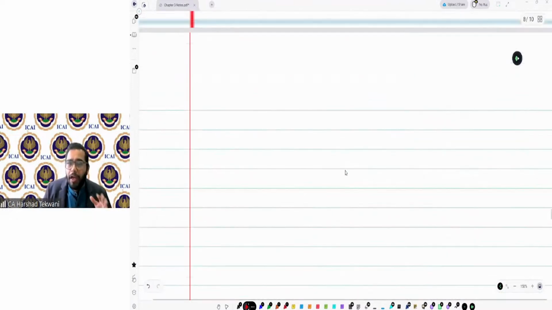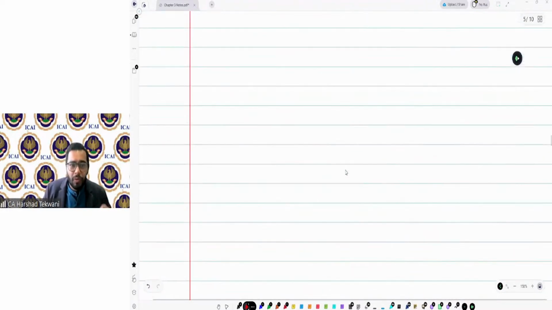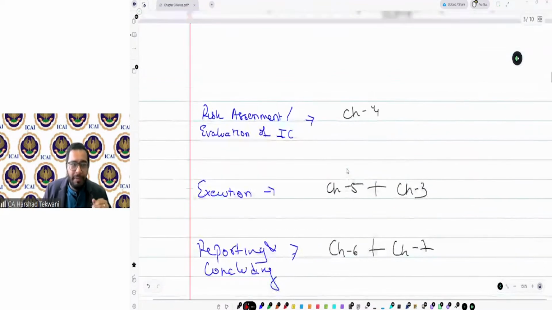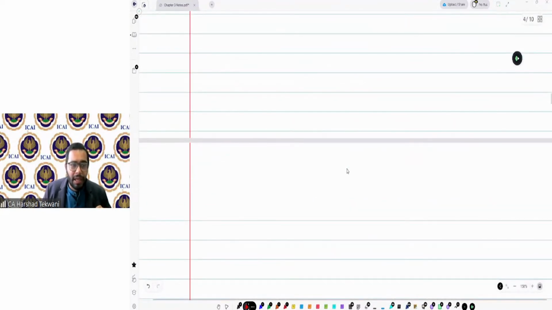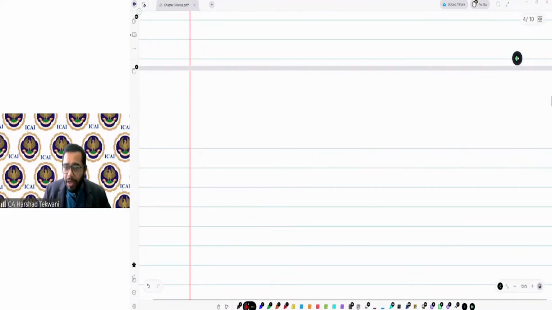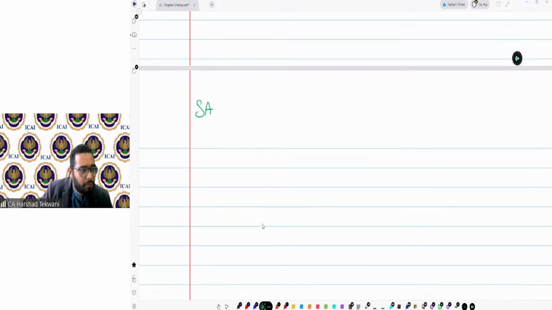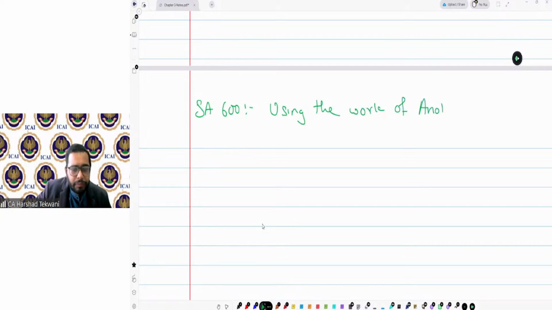So here we are going to understand, in the same line, what are the things that we need to see when we are using the work of another auditor. So as I said, SA 600 guides us when we are using the work that is performed by another auditor.